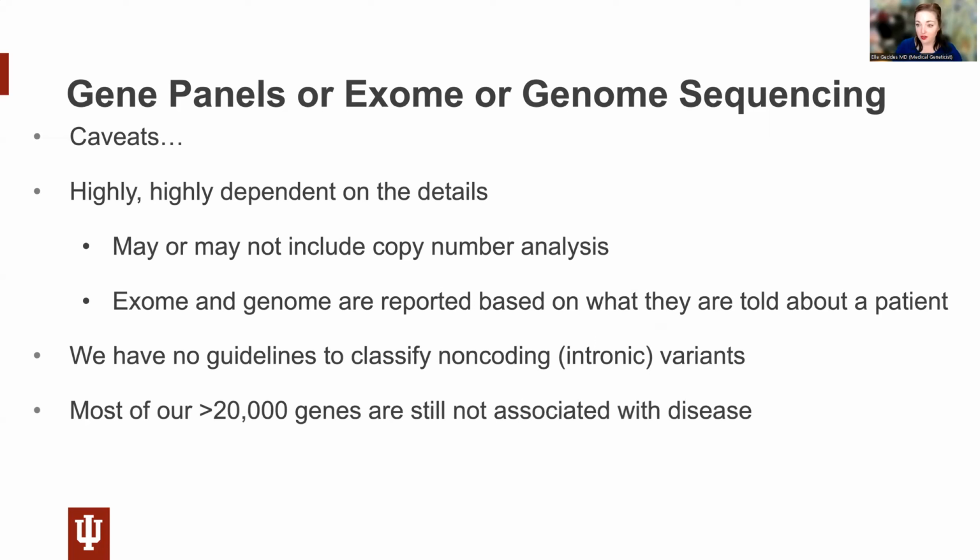And so of our over 20,000 genes, over 20,000 books, we've associated disease with fewer than a third of them. Every year we add maybe 100 or 200 new disease associations, but once again, we have a long way to go.